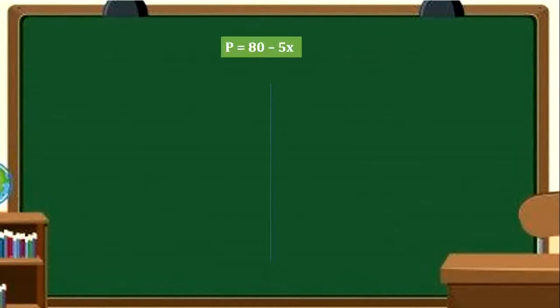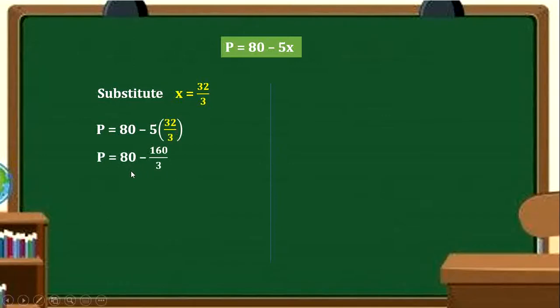So, again, P equals 80 minus 5x. So, iyan yung representation natin kanina sa price. So, papalitan lang natin yung x ng 32 over 3. So, P equals 80 minus 5 times 32 over 3.